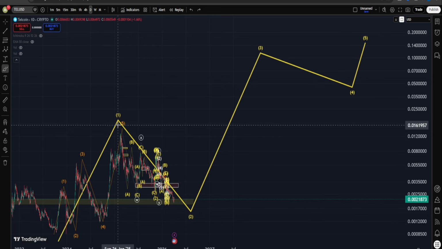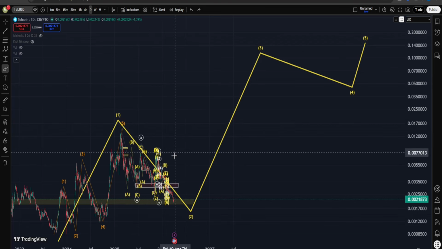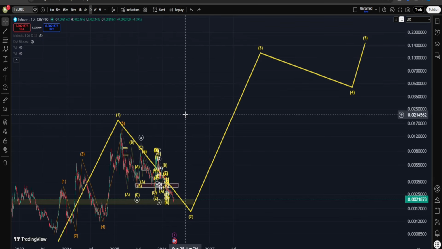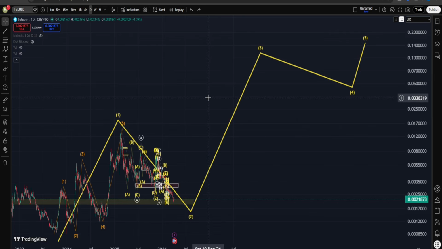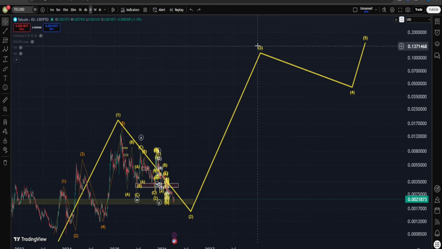Go do your due diligence about TELCOIN and then come back here, watch the videos, because you are going to at that point have a lot of conviction about the long-term potential of this project. And I do believe fundamental wise, we are 100% in the right direction. So when you combine these two together, you realize that, yep, having such a scenario is not really out of the realm of possibility that much.